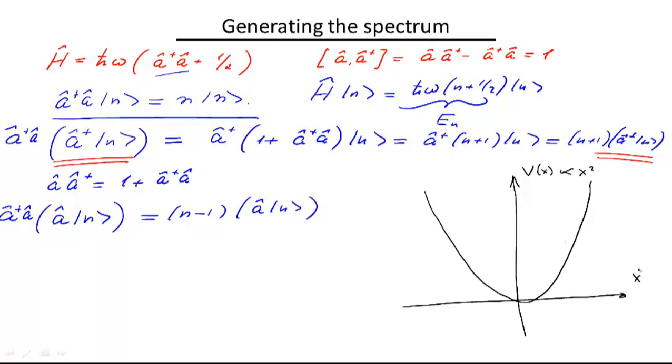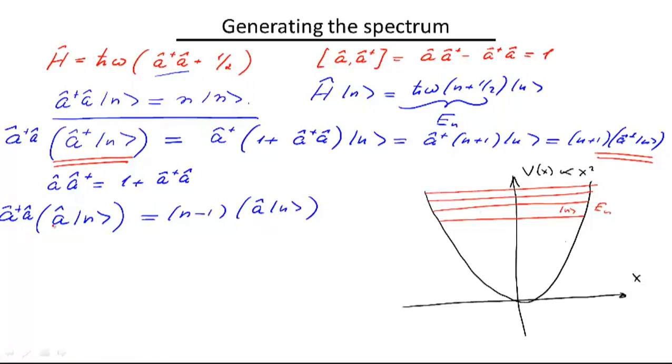Now, if we assume that we know a certain eigenfunction with an energy E sub n, let's say this corresponds to the state n, then by applying the creation operator a dagger, we can construct a series of higher energy states, so n plus 1, n plus 2, n plus 3, etc. And there is no problem with that.